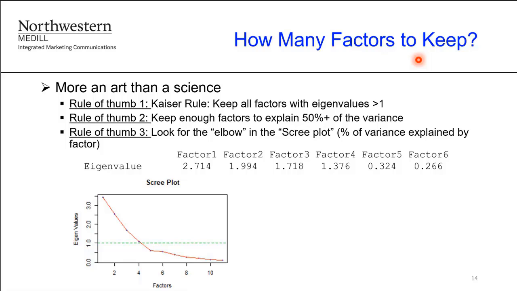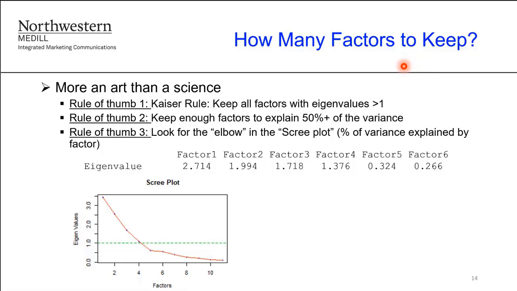One of the important reasons why we use factor analysis is dimension reduction. We want to reduce the number of items in the questions to a smaller set of factors. That is the main reason we use factor analysis.